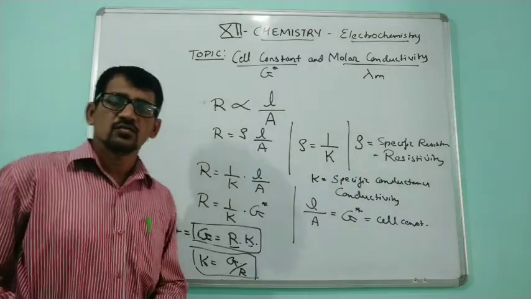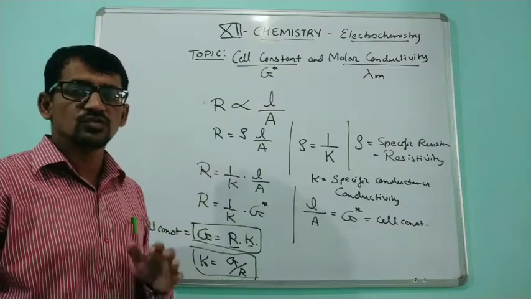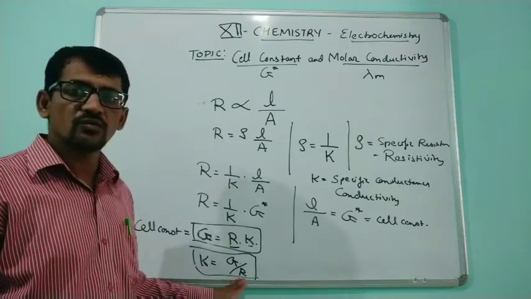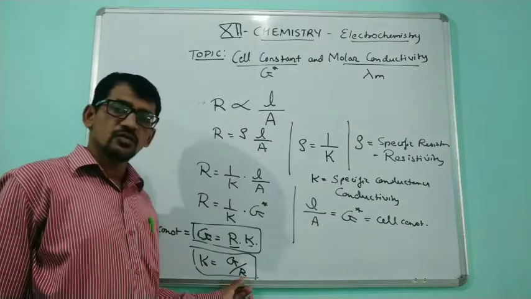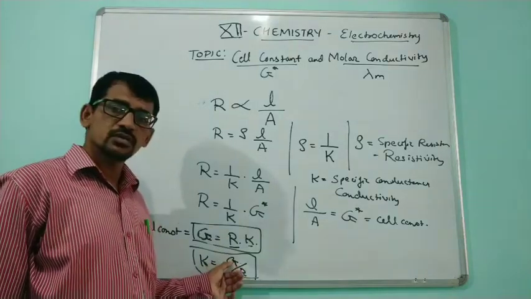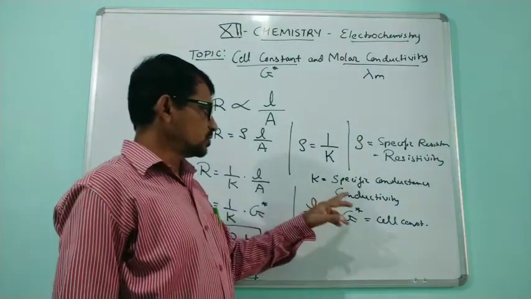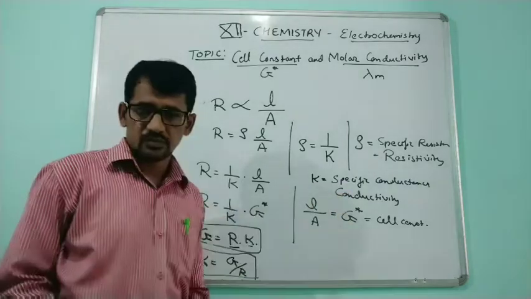Resistance you can find for the particular cell with the help of a Wheatstone bridge. In physics you have studied the Wheatstone bridge. From that we can find the resistance. R1 by R2 is equal to Rx by Ry. From that Wheatstone bridge we can find the resistance. You put it in this equation, then you will find kappa, that is, the conductivity. Remember this, conductivity.